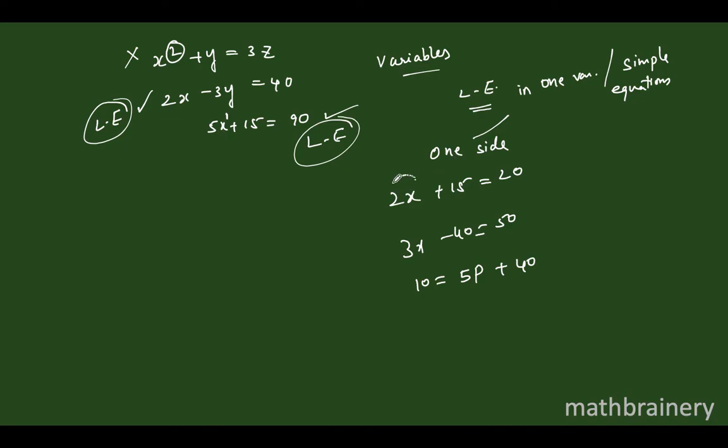There is only one variable term here which is on the left hand side. Here also there is only one variable term that is on the left hand side. Here also there is one variable term. Now this variable term is on the right hand side. That means there is only variable term on one side of the equation, be it left hand side or right hand side, but only on one side. So this is one case.